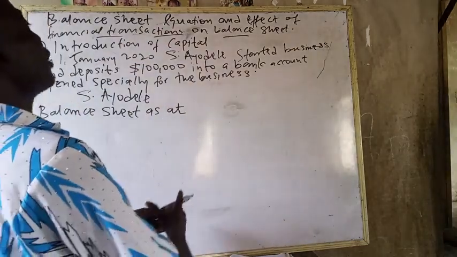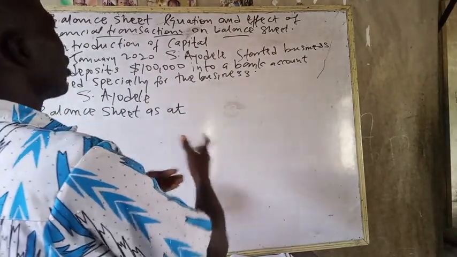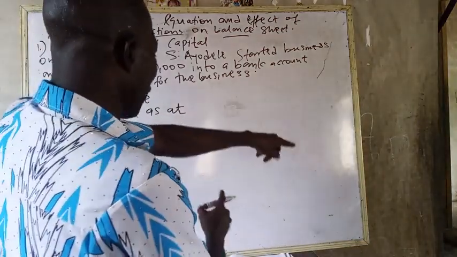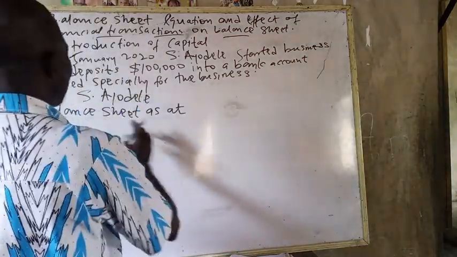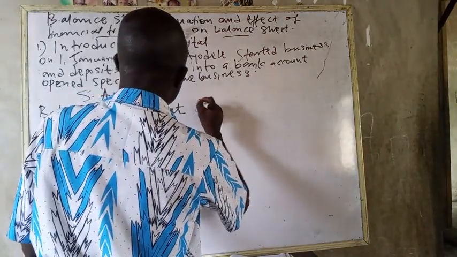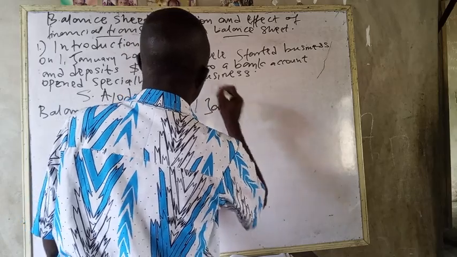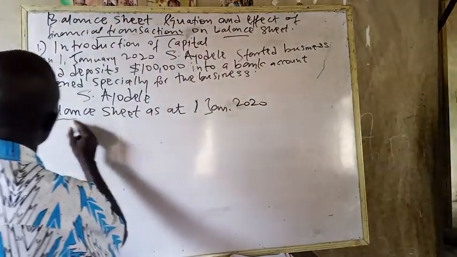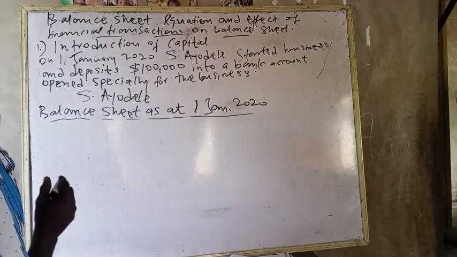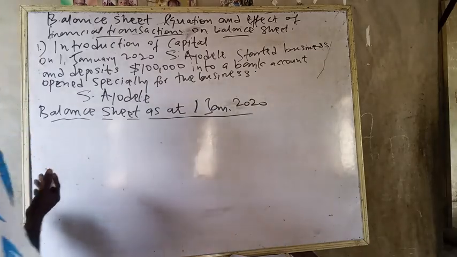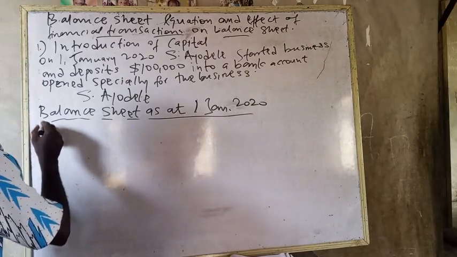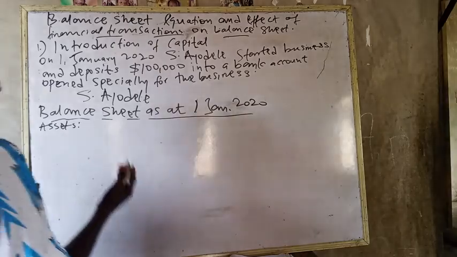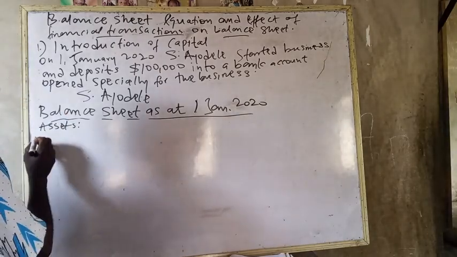At every point in time, every financial transaction affects the balance sheet in 2 ways. It is at a point in time, so as at 1st of January 2020. Then you rule. Now, one of it is assets. Let me make this non-current assets.